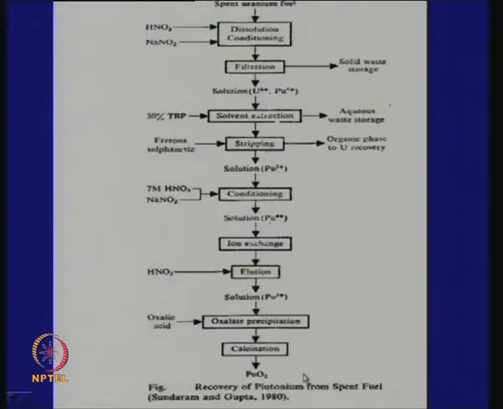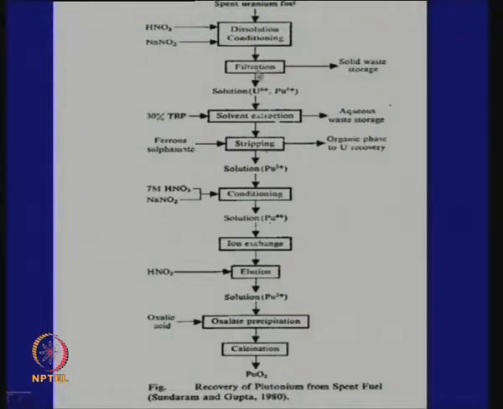Now, let me just give a hint of the enormous complexity of how plutonium is recovered from this spent fuel. So, you have a spent uranium fuel treated by HNO3 and NaNO.